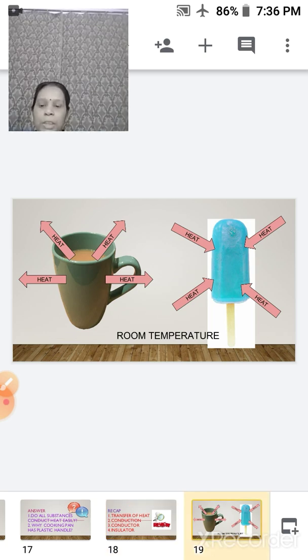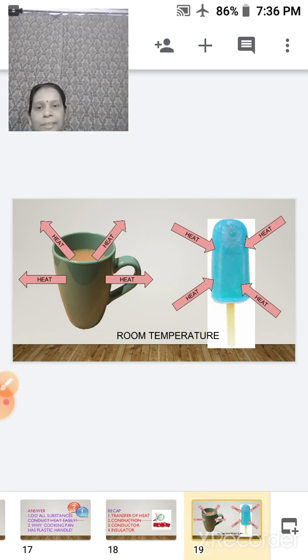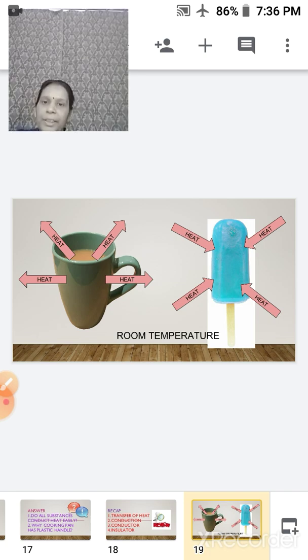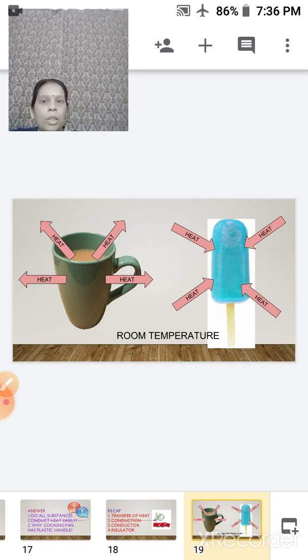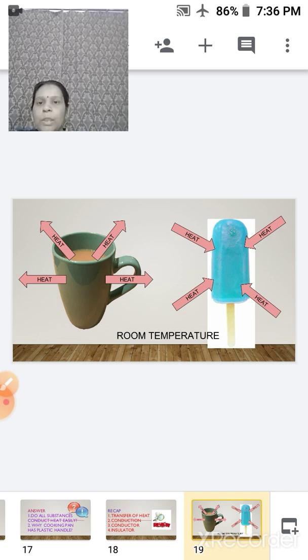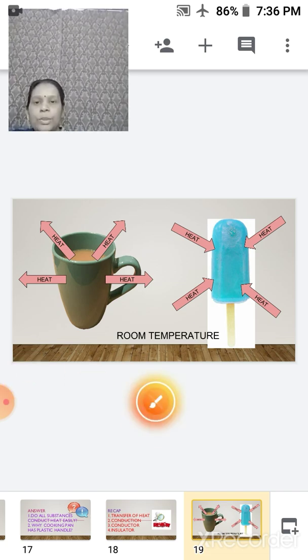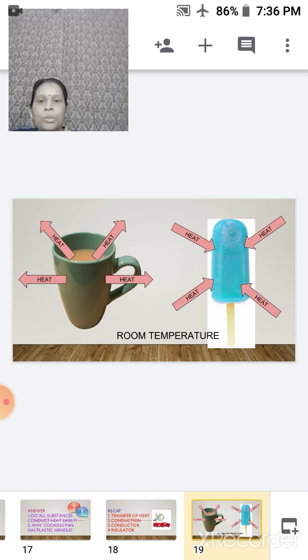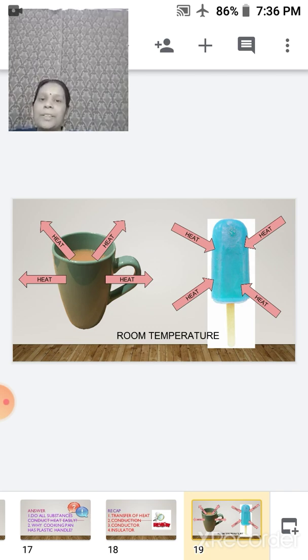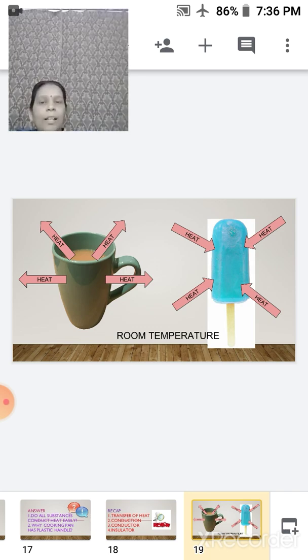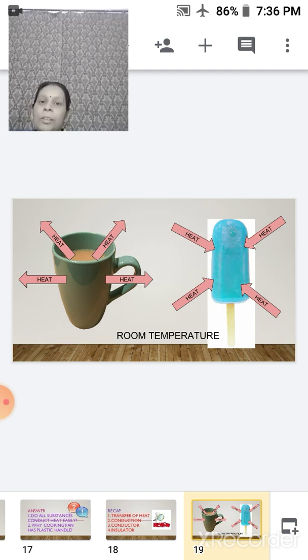Here you can see one figure on the screen. Here a cup of coffee is there. Here you can see the arrows are coming out. So the arrows which are coming out show that the heat is coming out. In the other one you can see the ice cream.